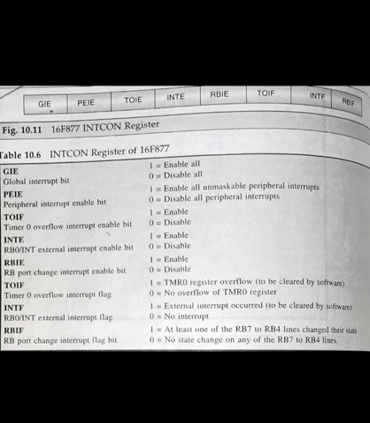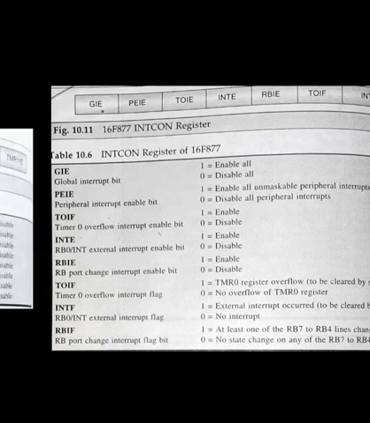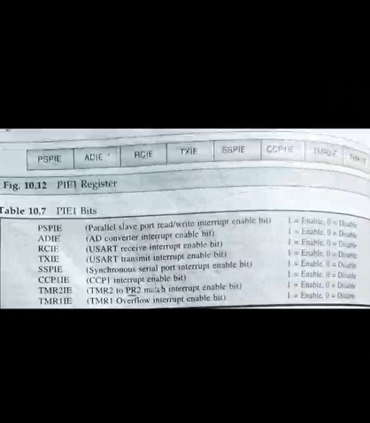Now figure number 2, the PIE1 bits. PIE1 has the interrupt enable bits corresponding to the parallel slave port, USART, Timer 1 and Timer 2 overflows, A/D converter, synchronous serial port, and CCP1. PSPIE, the parallel slave port read or write interrupt enable bit: 1 is enable, 0 is disable. The A/D converter interrupt enable bit: 1 is enable, 0 is disable. Next, the USART receiver interrupt enable bit: 1 enable, 0 disable. The USART transmit interrupt enable bit: 1 enable, 0 disable.